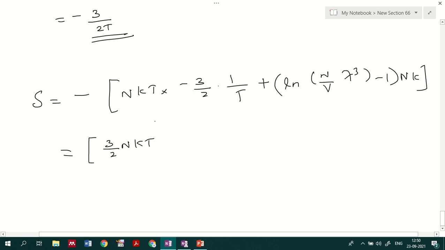Okay, so minus, if you take it down, then it will be plus, and minus ln n by v lambda cube minus 1, into nk.